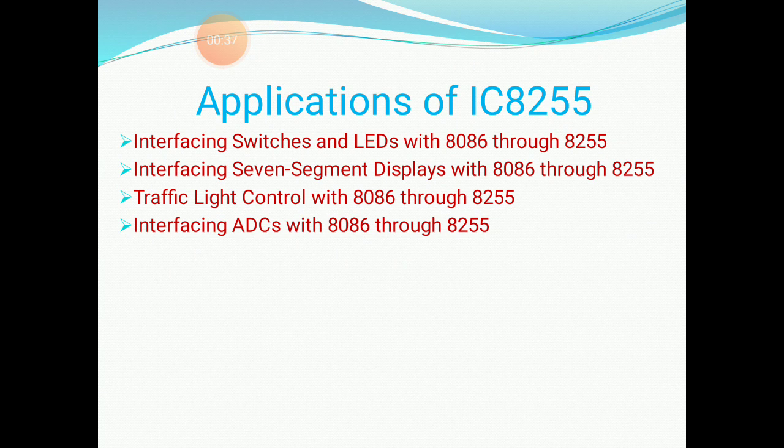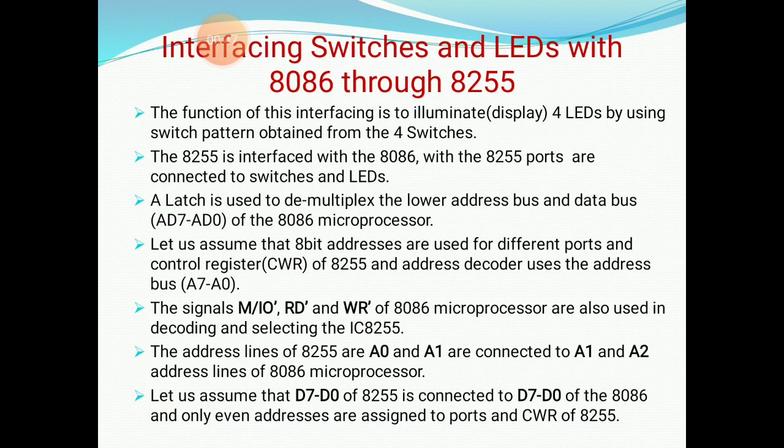Now let us see the first application, that is interfacing switches and LEDs with 8086 through 8255. The function of this interfacing is to illuminate or display 4 LEDs by using the switch pattern obtained from the 4 switches.